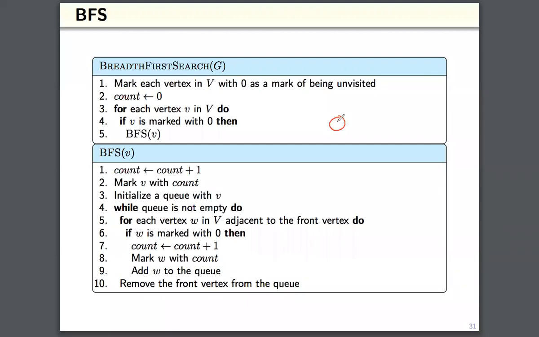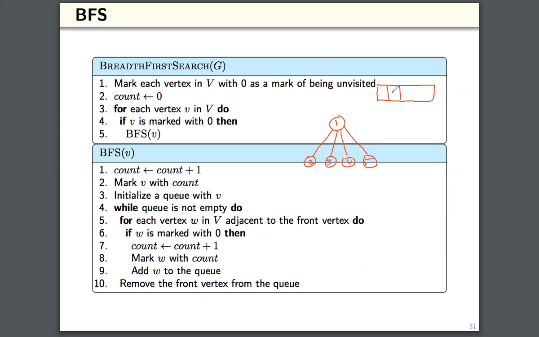So suppose you start with one node, you visit this node and add all the child nodes of this node to the queue, right? To the queue. Say this is 1, 2, 3, 4, 5.